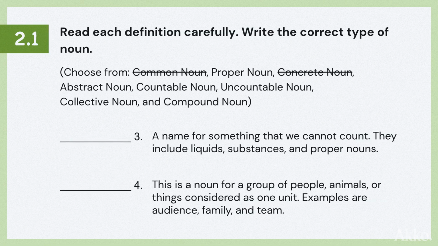Number 3, a name for something that we cannot count. They include liquids, substances, and proper nouns. This is uncountable noun. 4, this is a noun for a group of people, animals, or things considered as one unit.